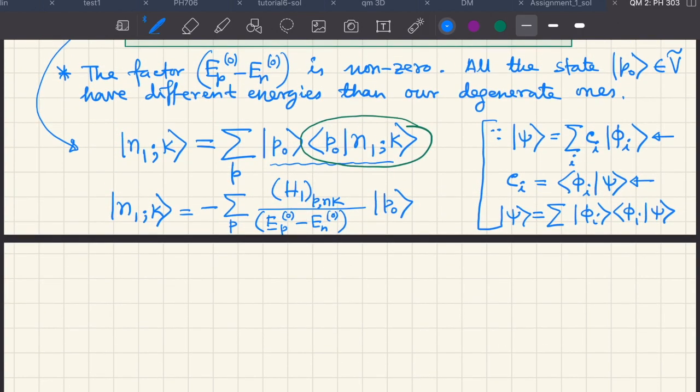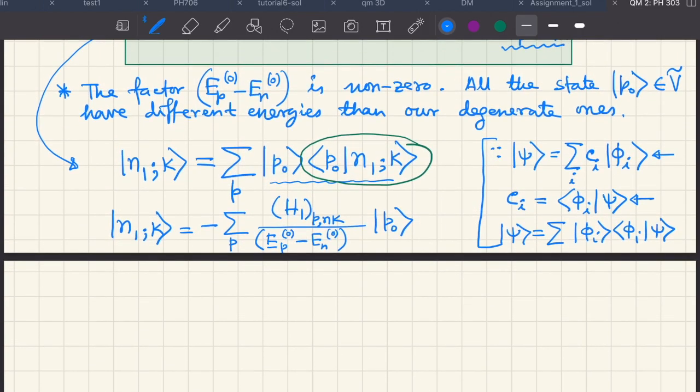But now you ask this question, is this equation correct? Is this equation completely correct, technically correct? The way we have written this equation is not actually correct if I talk about technicalities, because you see that the left hand side is not just ket N1K. Rather, it is the component of N1K along V tilde.